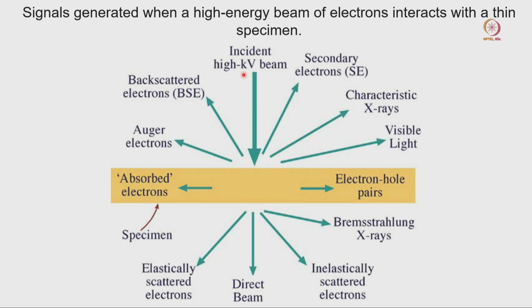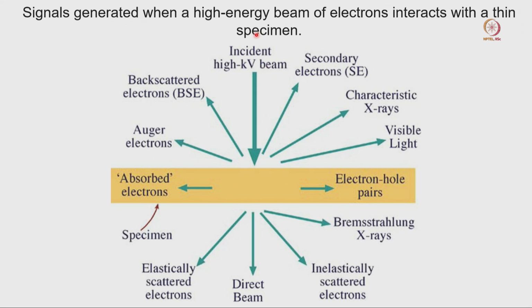One is that the electron beam will interact with the sample and the sample will absorb some electrons, and that is basically damaging the sample. That is a very important part for a biological sample, because a biological sample is made of amino acids, DNA, RNA, protein, and if there is a very strong electron beam which has a lot of energy, it is going to damage that protein structure or DNA structure.